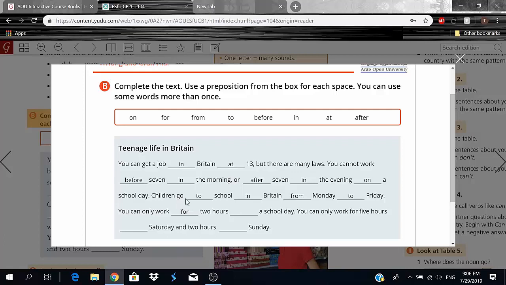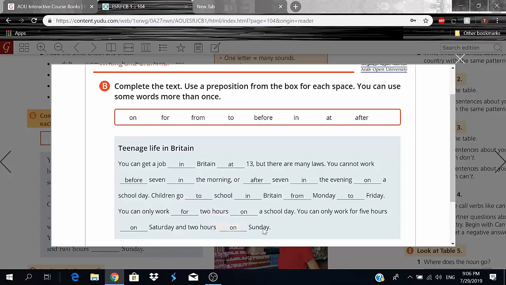So you can only work for 2 hours, 3 hours, 7 hours, whatever it is, use "for" with it. For 2 hours on a school day. Like I said, we use "on" with day. You can only work for 5 hours on Saturday, and 2 hours on Sunday.